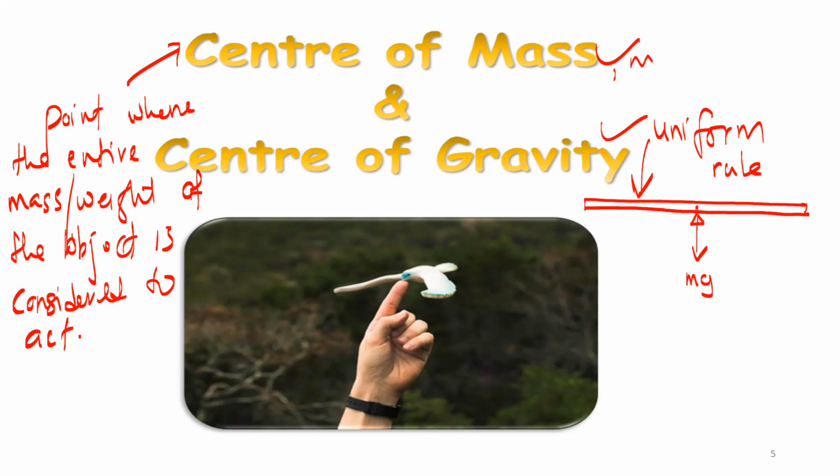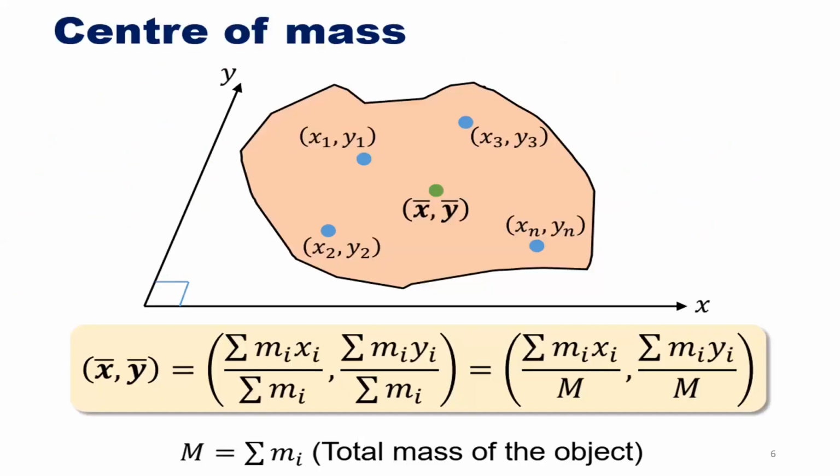Eventually, you notice that center of mass and center of gravity are the same. Center of mass is just based on the mass. Center of gravity is the product of mass and acceleration due to gravity. So this is a simple way of trying to identify the center of mass.